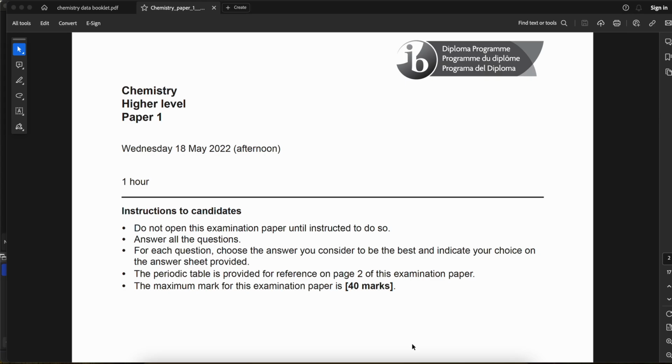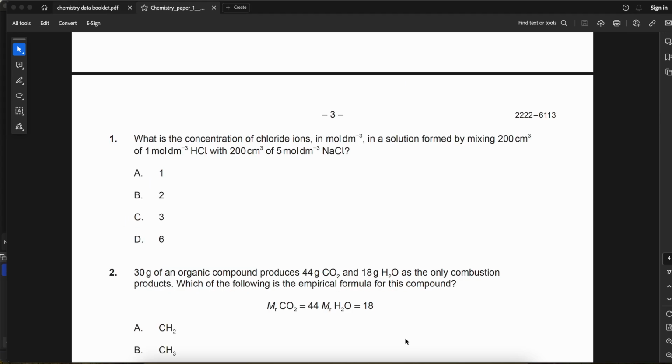So let's get started. Okay, number 1: what is the concentration of chloride ions in mol dm^-3 in a solution formed by mixing 200 cm^3 of 1 molar HCl with 200 cm^3 of 5 molar NaCl?